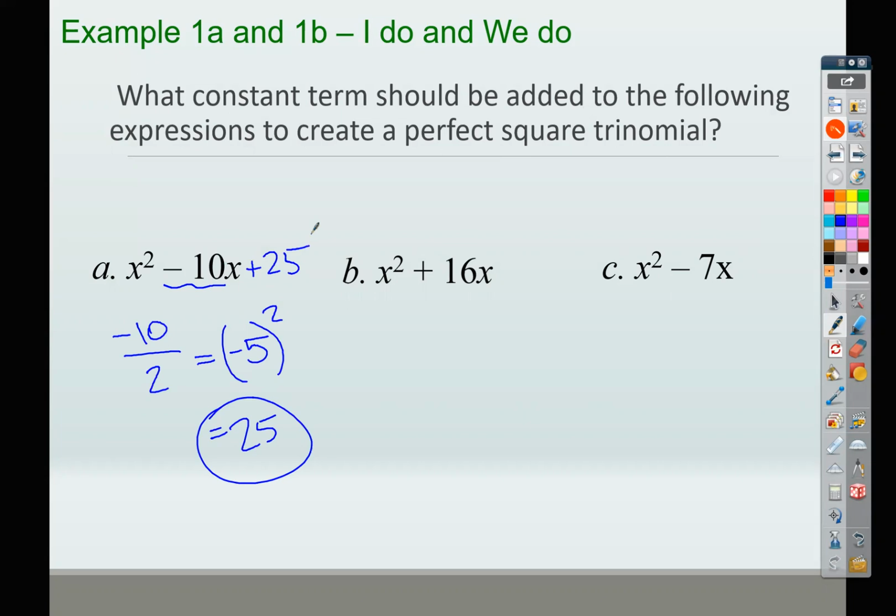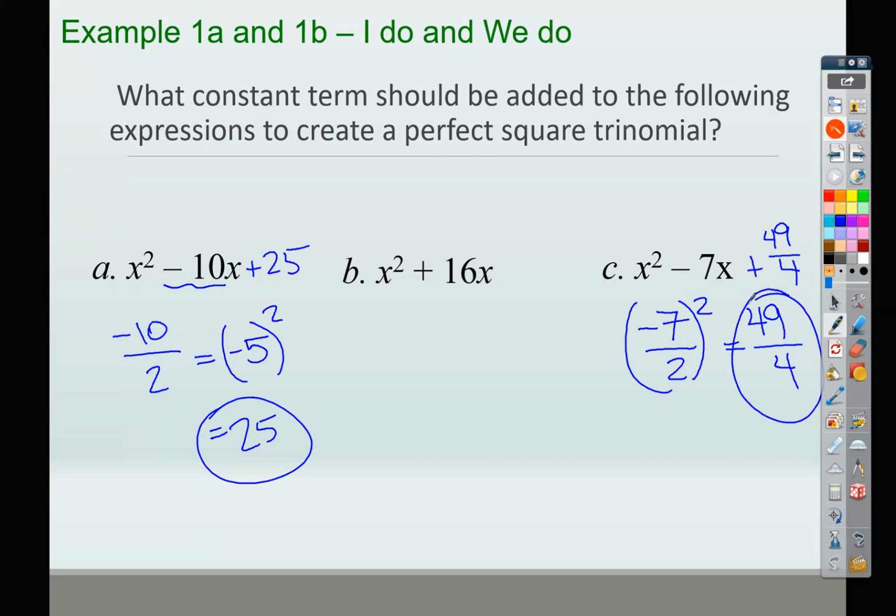Let's try C, and then I'll let you do B. If I divide the linear term by 2 and square that, I get 49 over 4. Realize that I'm leaving this as an improper fraction, and that's okay.